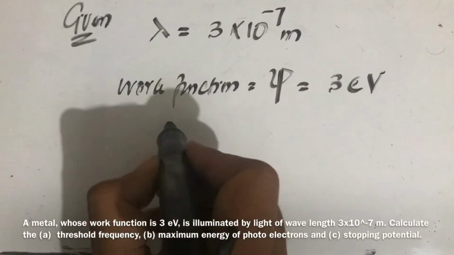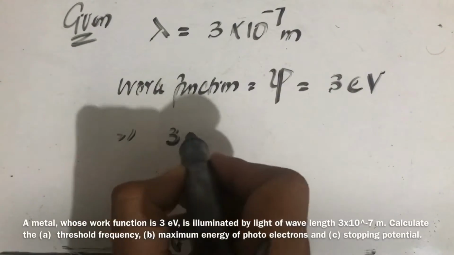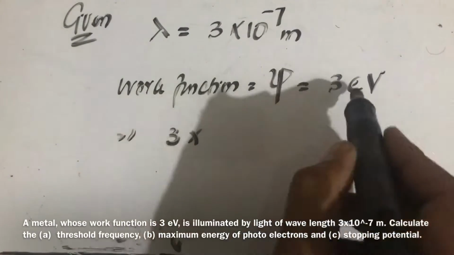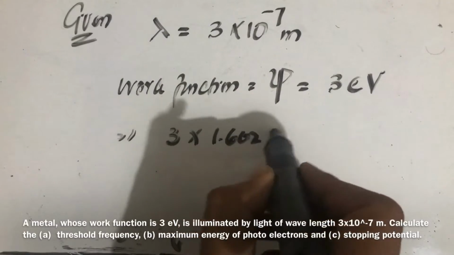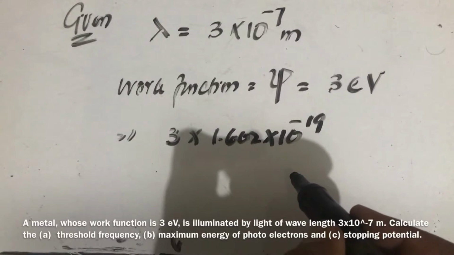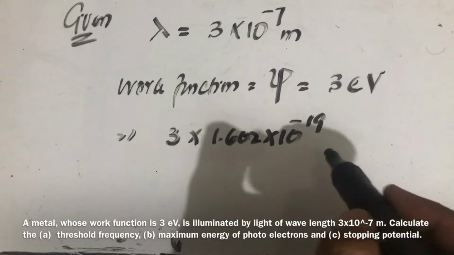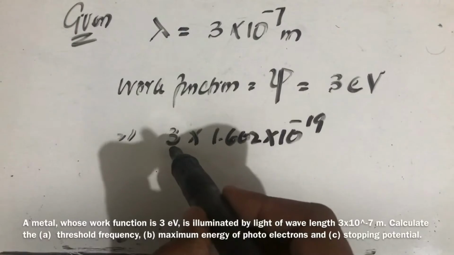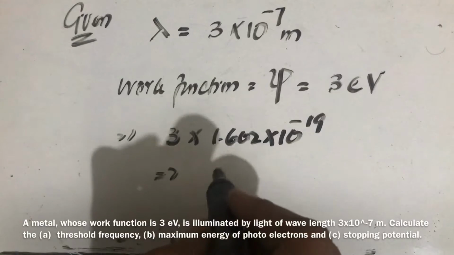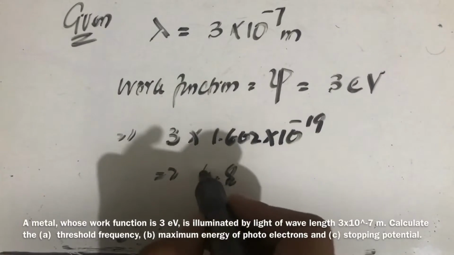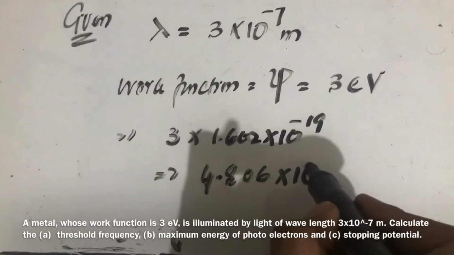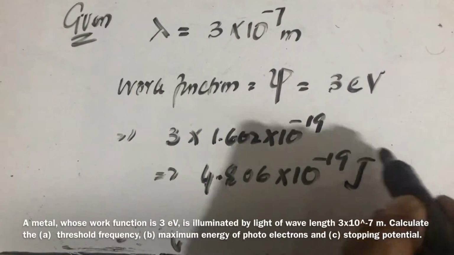We can write this as 3 multiplied by the value of an electron, 1.602 times 10 raised to power minus 19. Multiplying this value with 3, we get 4.806 multiplied by 10 raised to power minus 19 joule.